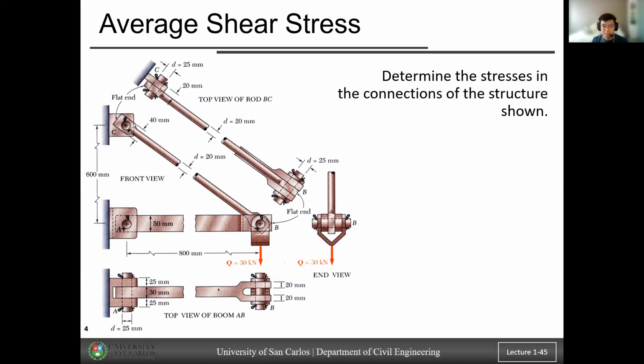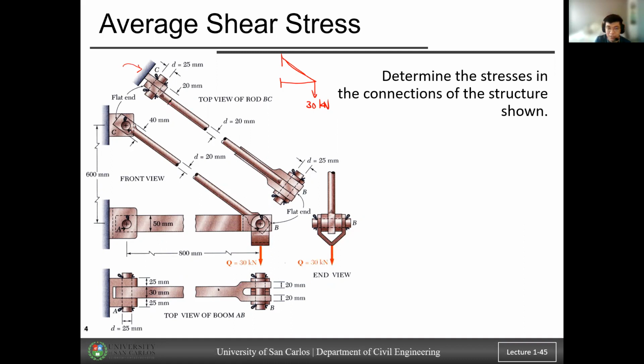Okay, so going back, if you look at the front view of the example last meeting, you probably remember the figure, right? There is a 30 kilonewton load here. Okay? So if you look at joint C, let's say the internal force here is 50.